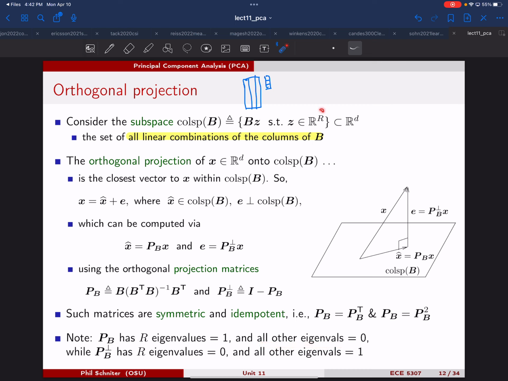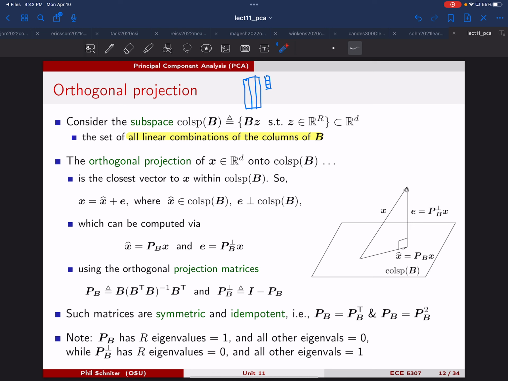So this R, again, is the dimensionality of the subspace. In this case, it's two-dimensional. Then PB perp is the complement. It has R eigenvalues equal to 0 and all the other eigenvalues equal to 1. So these are sort of interesting properties of these projection matrices.